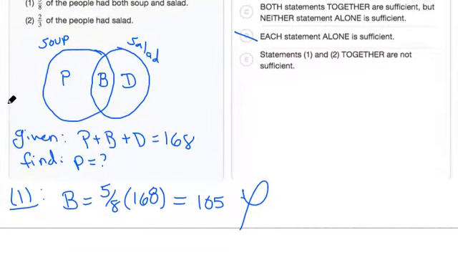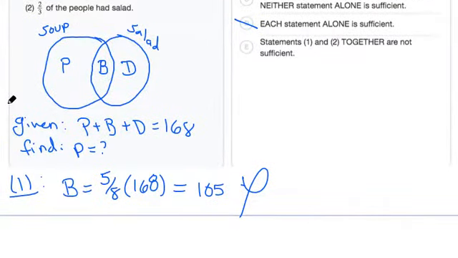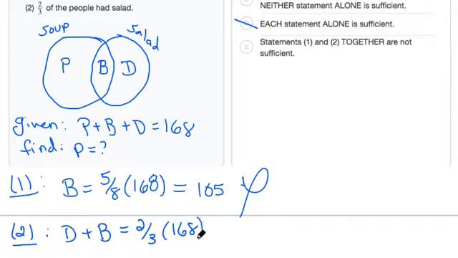Scrolling down to give us a little bit more space, we'll still make our statement 2 visible. Statement 2 tells us that 2/3 of the people had salad. So this means that D plus B should equal 2/3 times 168. Simplifying this number, we end up with 112 people.